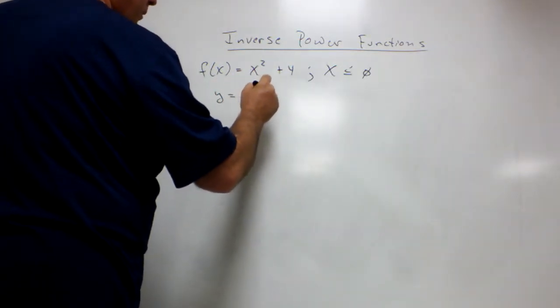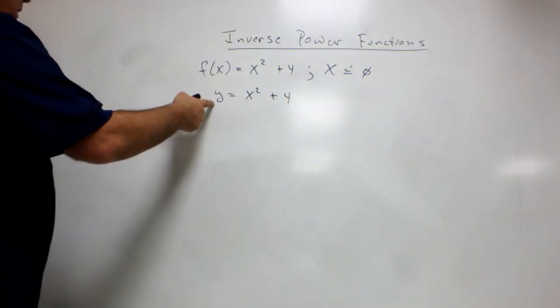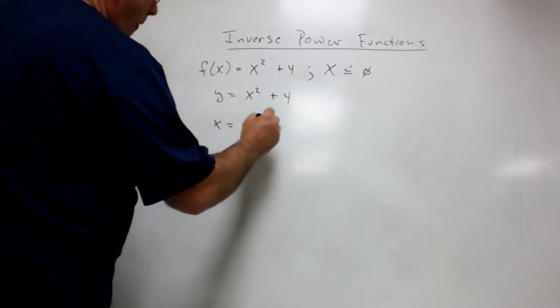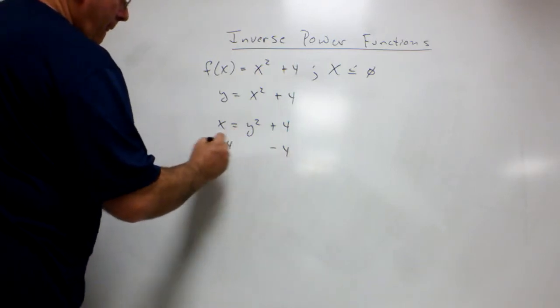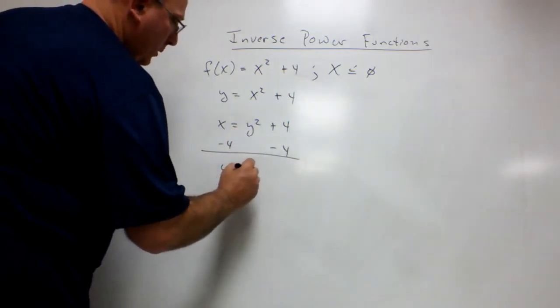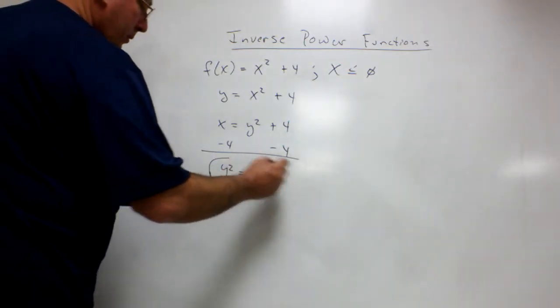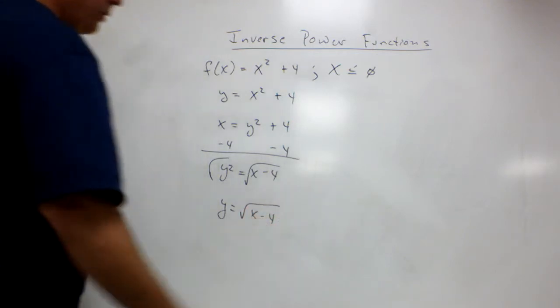So remember, we let y equal x squared plus 4. We change f of x to y. And then we exchange x and y's position. And then we solve for y, so we're going to subtract 4. And we get y squared equals x minus 4. And then we take the square root, so that y equals the square root of x minus 4.